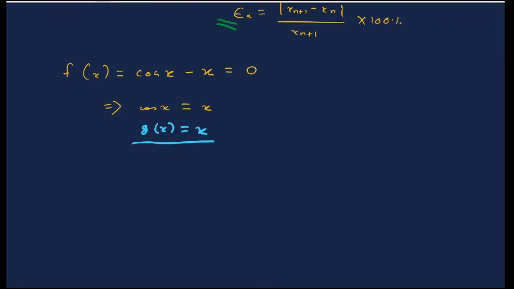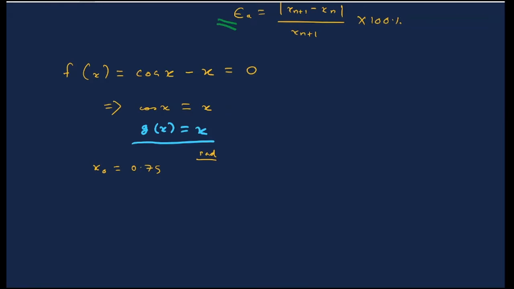So we have cleared our step 1, then we have to move to step 2. That is, we have to start with a guess, and let us guess x0 to be 0.75. And make sure while calculating you are keeping your calculator in radian mode, because we will put this value into cos x.